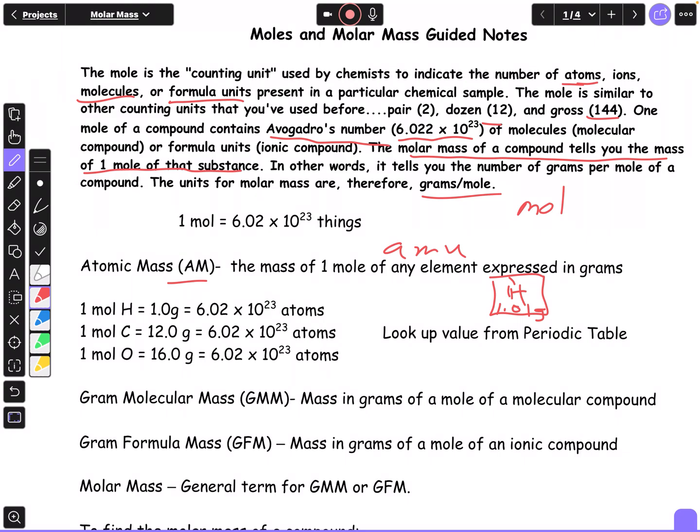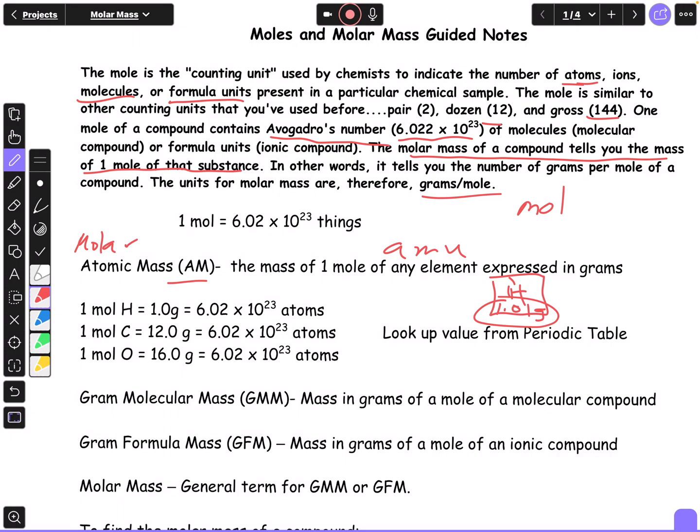That number on the bottom is what we're going to be dealing with. That's how we define it in terms of atomic mass. We also call that molar mass. Atomic mass and molar mass are interchangeable. A lot of times we use atomic if we're talking about a single element, and molar if we're talking about a compound. But it's also equal to 6.02 times 10 to the 23rd atoms.